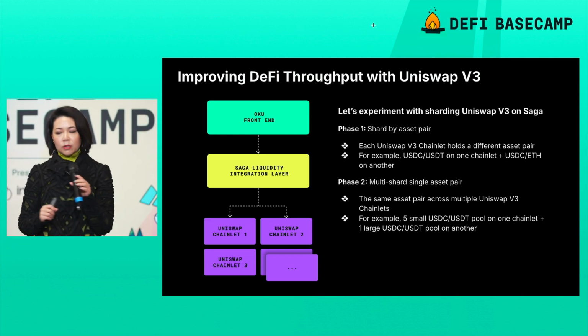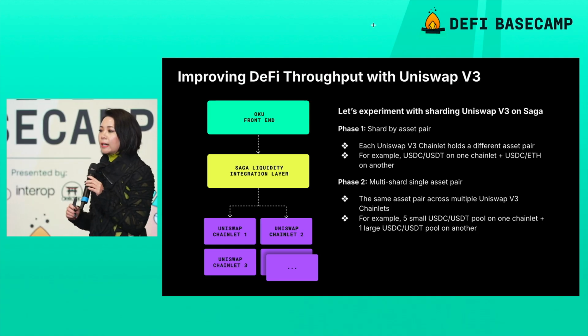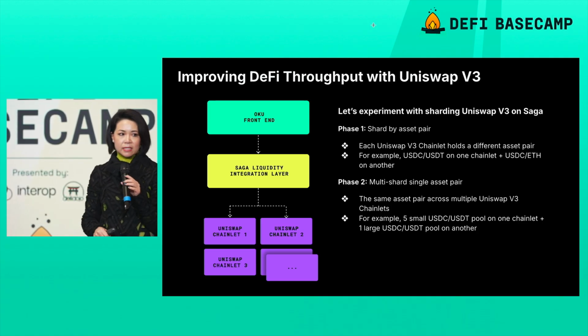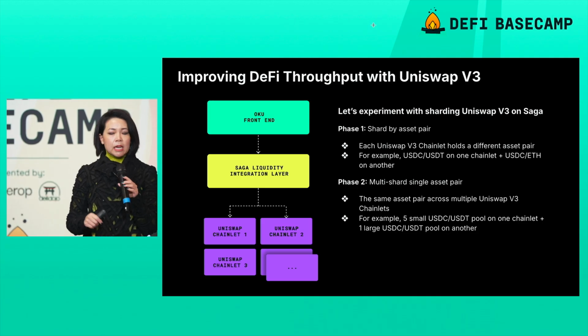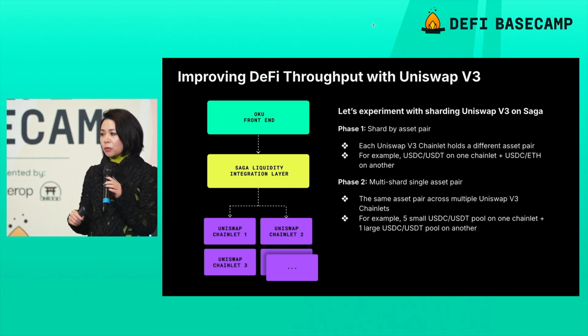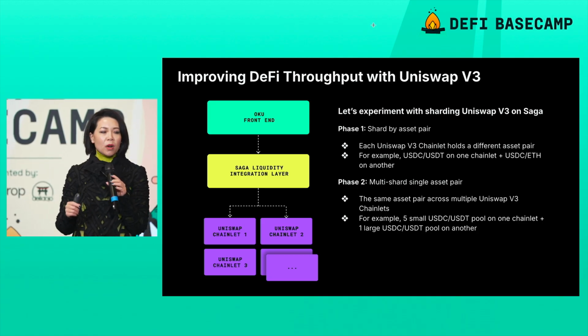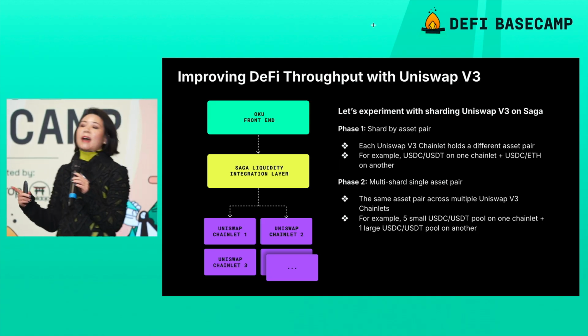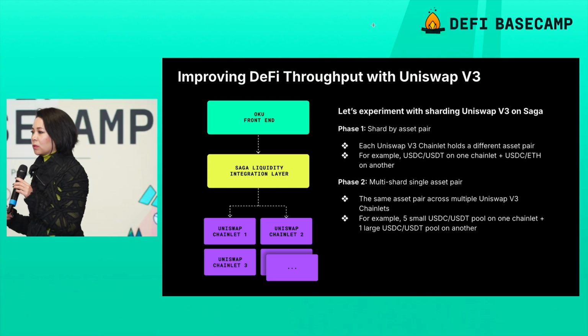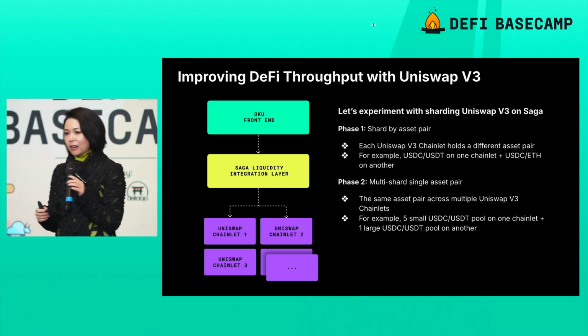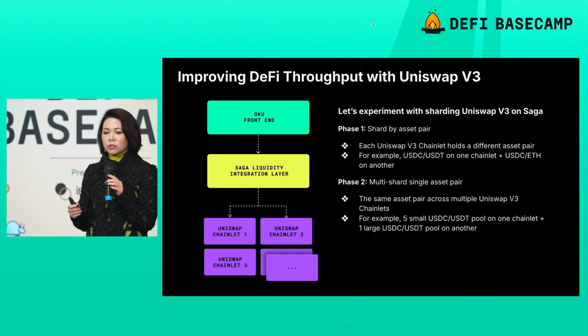And Uniswap V3 has been deployed across many different chains. This is their first app chain instance, though, their very first app chain. And what we have already started to work on with them is as soon as this chain gets pounded, we want to be able to shard liquidity across as many layer ones as they need in order to support the traffic. Okay, so we are sharding liquidity for Uniswap across multiple chains.